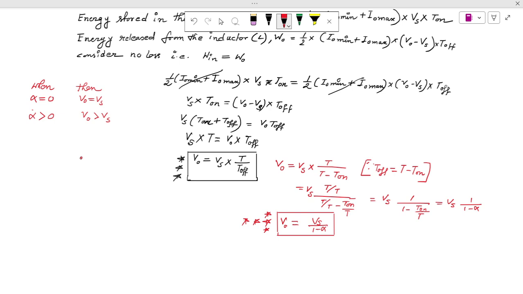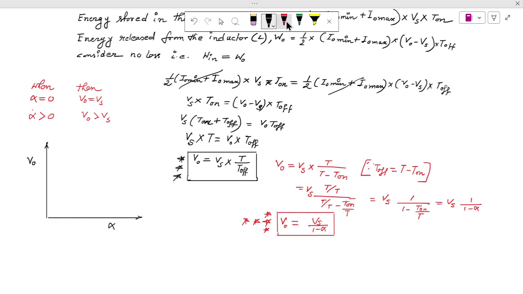And if we see the nature of the graph of V naught versus duty ratio, this will be V naught, and this will be the value of alpha.